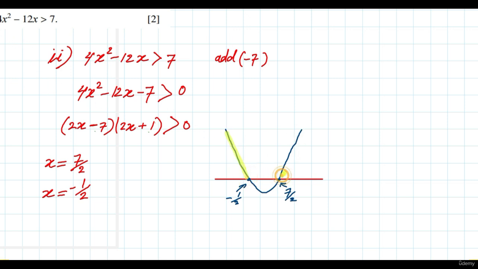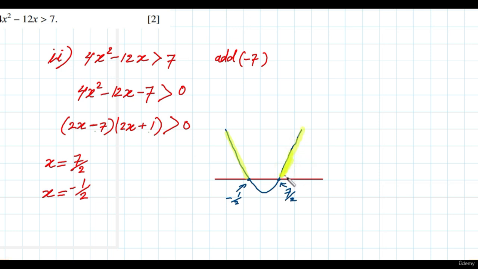Therefore, the solution for the inequality is located in these two regions, starting from negative infinity until negative 1 over 2. Or you can say when the x value is less than negative 1 over 2, moving to the left side, then the function becomes positive. That's why this region is one of the solution sets.